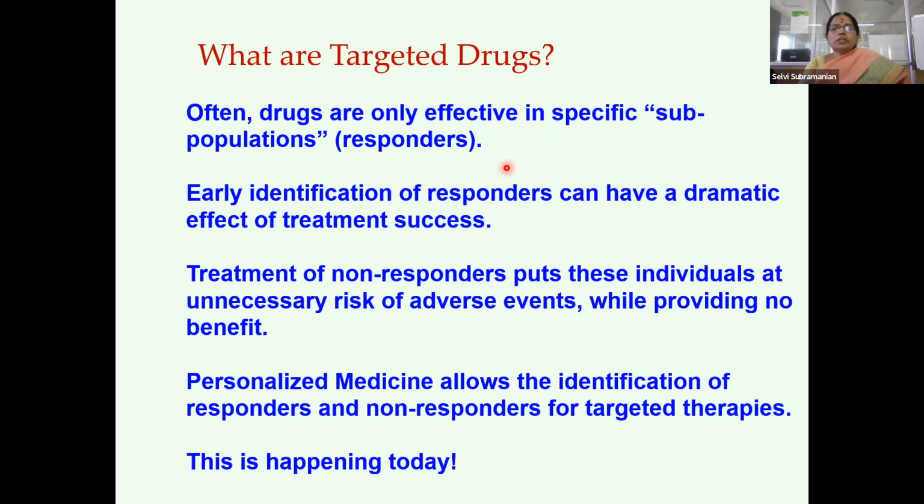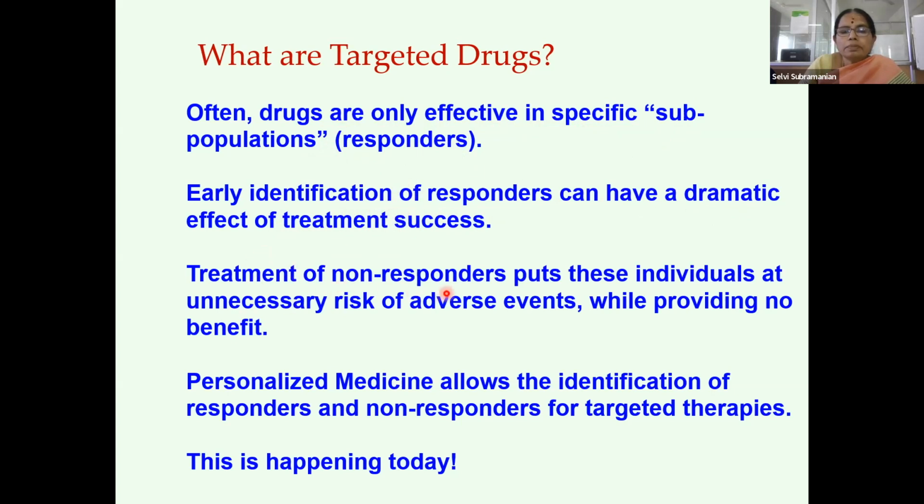aim of this pharmacogenomic study is to have a targeted drug. Often drugs are only effective in a specific subpopulation, the responders, people who are responding to the drug. Early identification of responders can have a dramatic effect on treatment success. So if you are a responder, you can use the drug, and then there will be some cure for that.